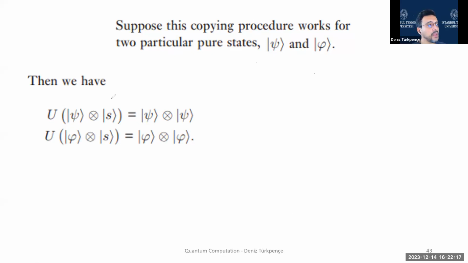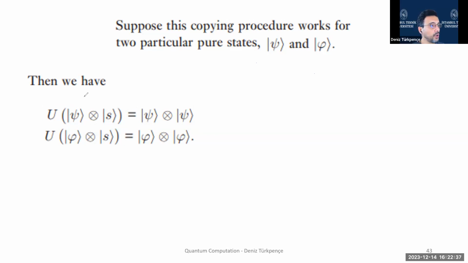For example, take the Hermitian conjugate of the first equation and multiply the result with the second equation from the left. So what would I have? What should I have? Okay.